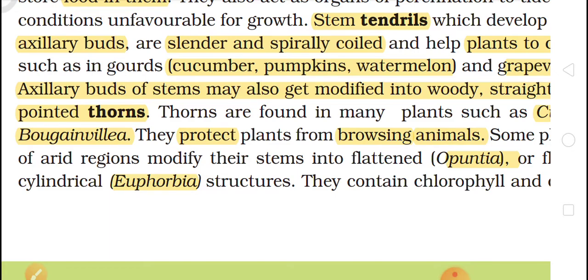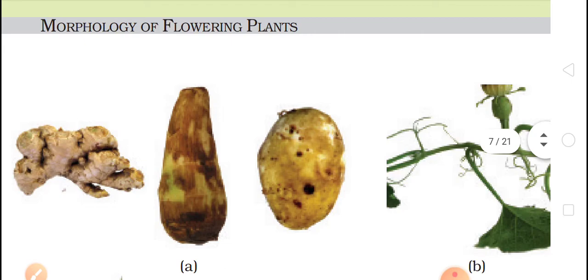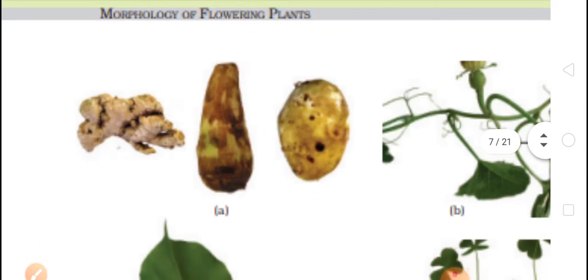Children, some more examples are Opuntia and Euphorbia. The stems of Opuntia and Euphorbia become flat and help in photosynthesis, because they contain chlorophyll and use it in the process of photosynthesis. So we have seen the various functions of the modified stem.